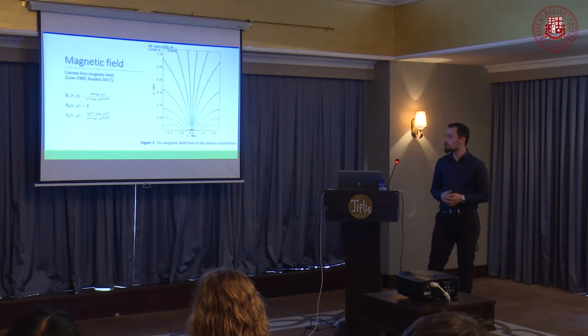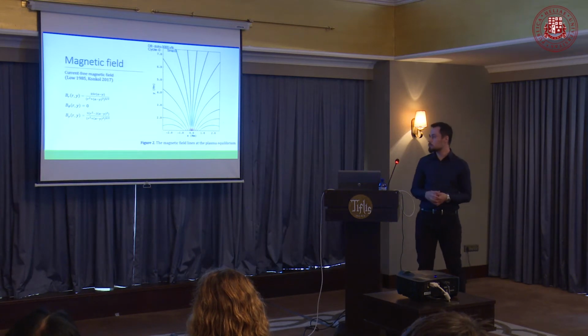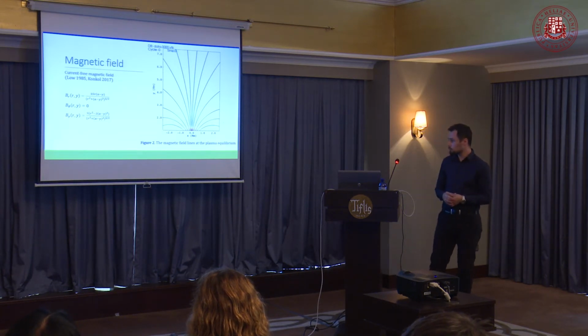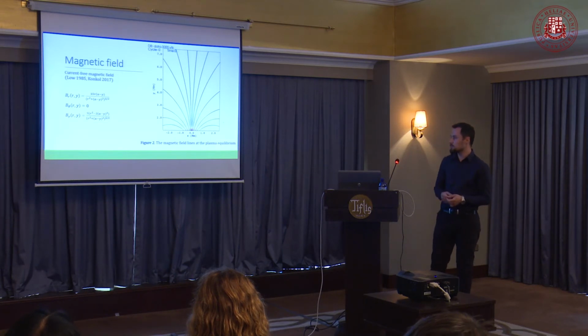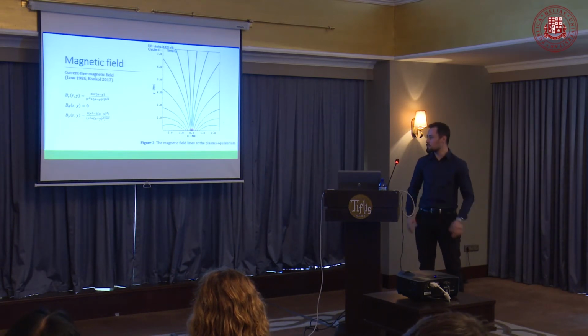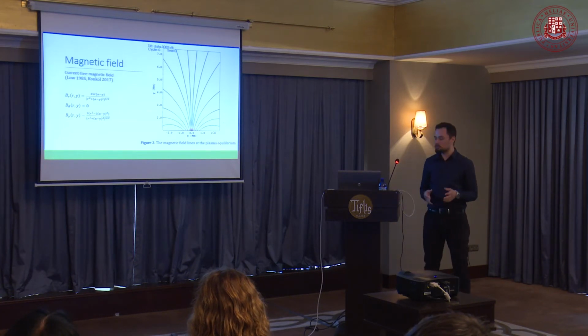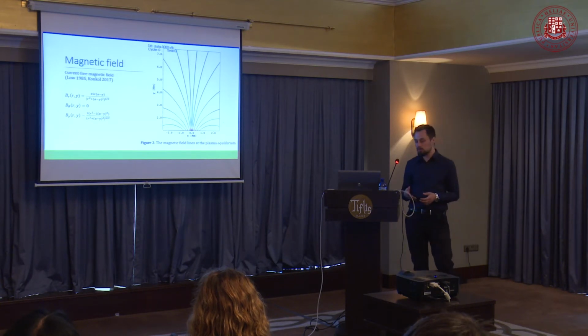Here we have the magnetic field that we are using. It was described by Low in 1985. On the right side we have this magnetic field in Cartesian geometry. On the left side we have equations for cylindrical geometry, but we also have this in 3D and in other models, depending on what we are investigating.